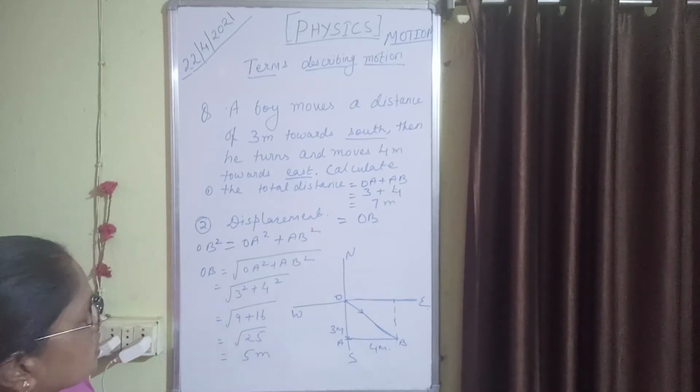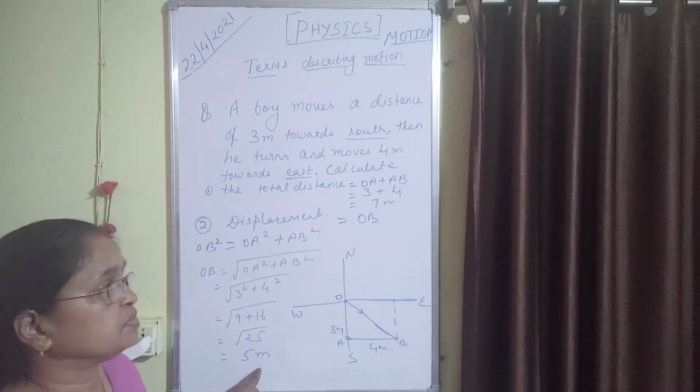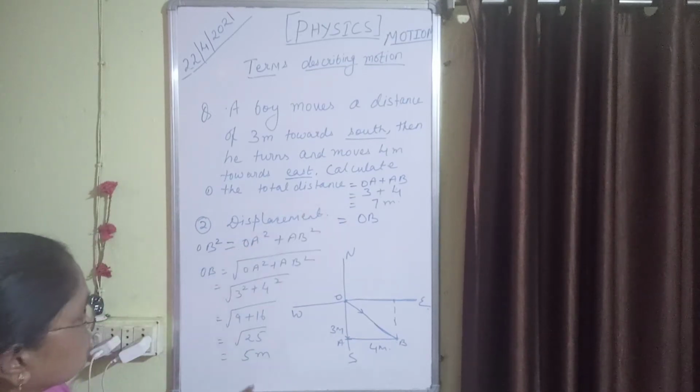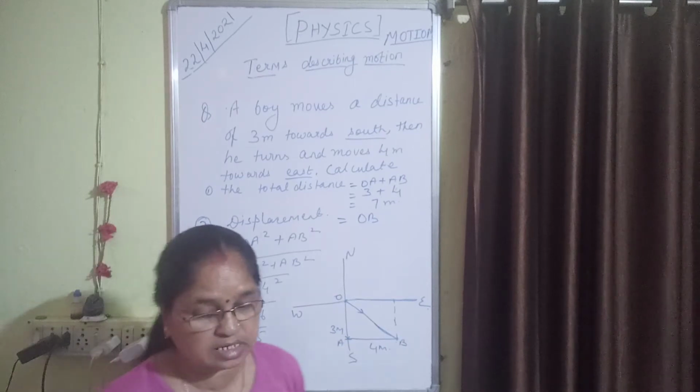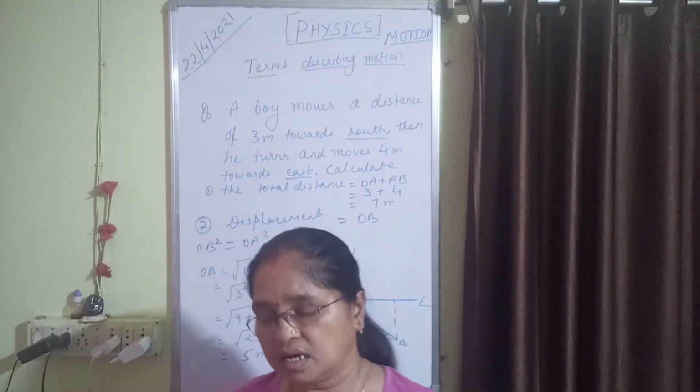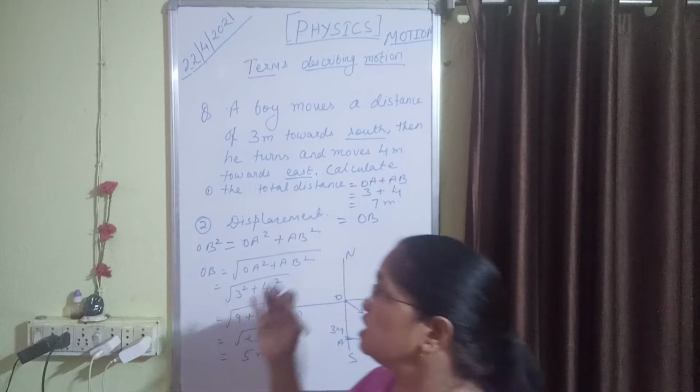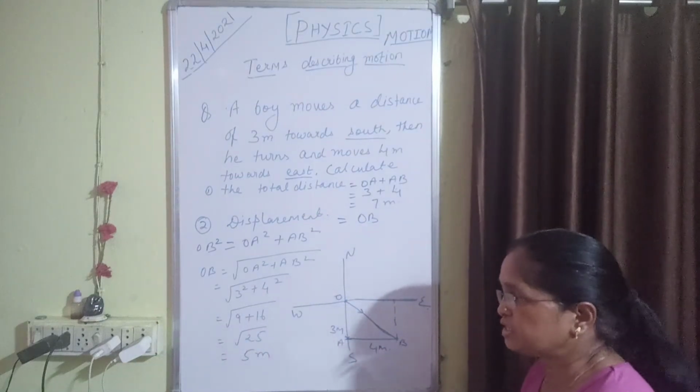So see, shortest distance have you got 5 meter. Distance से कम हुआ shortest distance, so shortcut naturally it is lesser than our distance. So like this we are calculating the displacement.